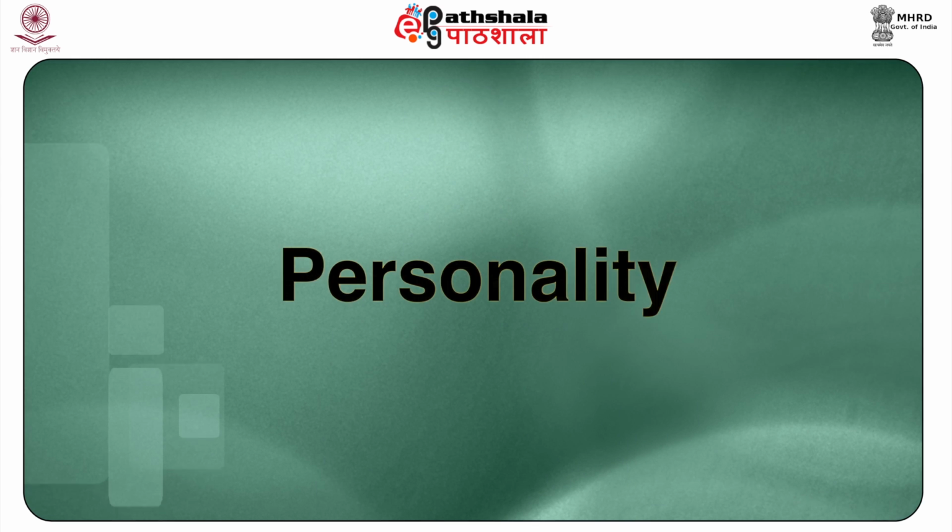Individual behavior can be studied by studying the 4 parameters on which the individual behavior depends. These parameters are personality, attitude, learning and perception. The first being personality. Personality has been derived from the Latin word personare, which means to speak through.